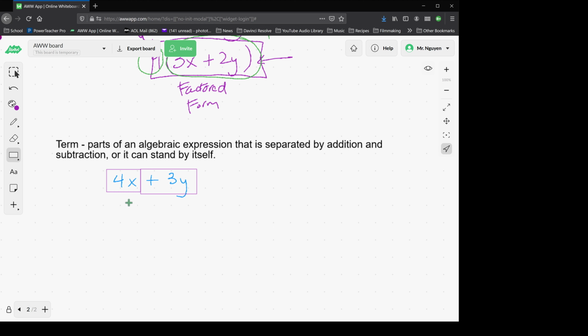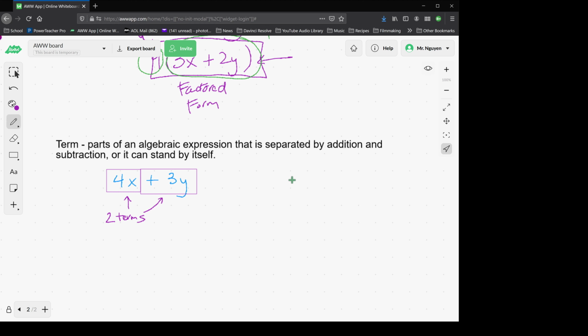So this is a term and this is a term. You have two terms. And the addition is very useful in telling you whether a term is positive or negative. So now you have positive 4x and positive 3y. So these are two terms.